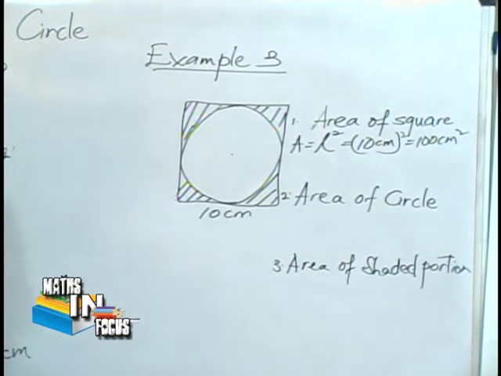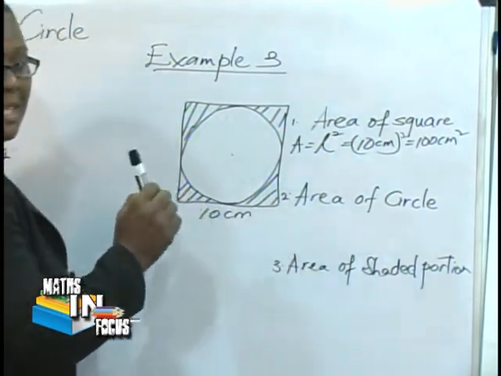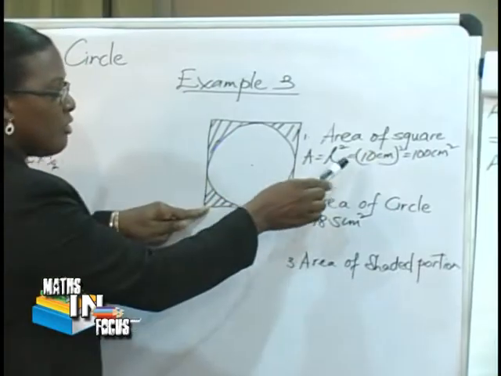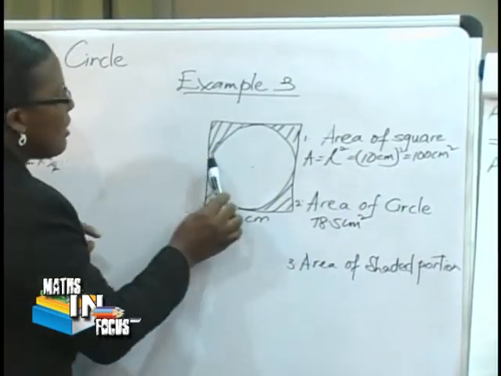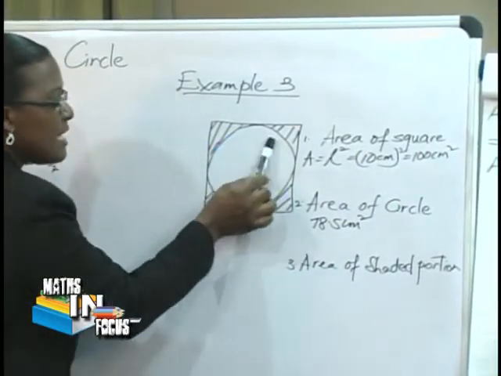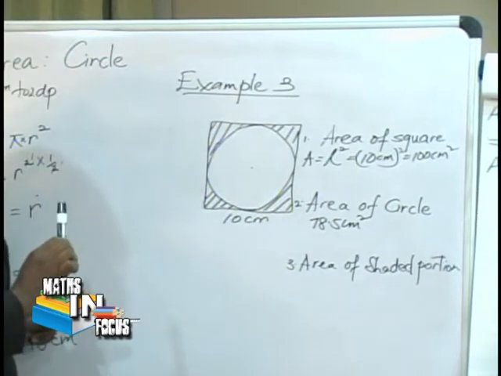Neon, when you found the area of the circle, what did you get? That's 78.5. You got 78.5 cm squared. So the area within this boundary is 100 cm squared. The area in here is 78.5 cm squared.